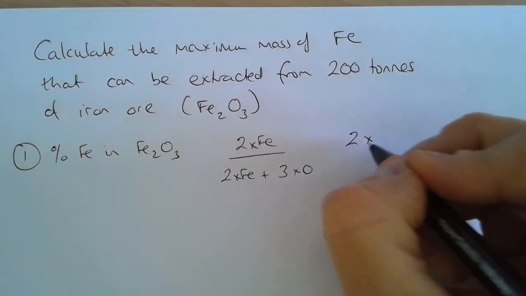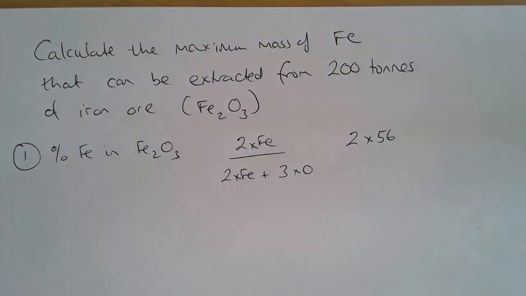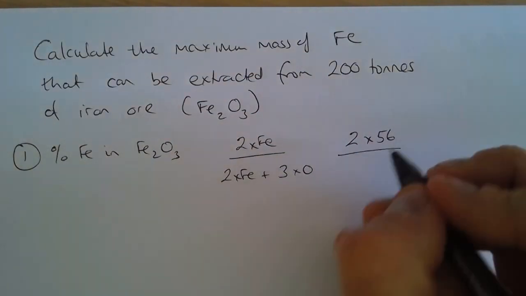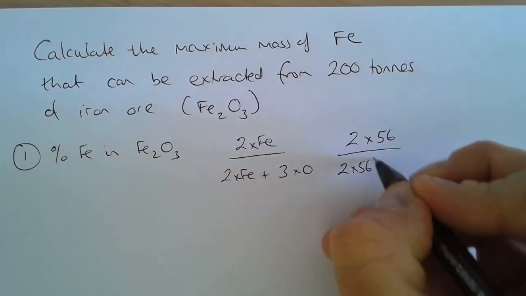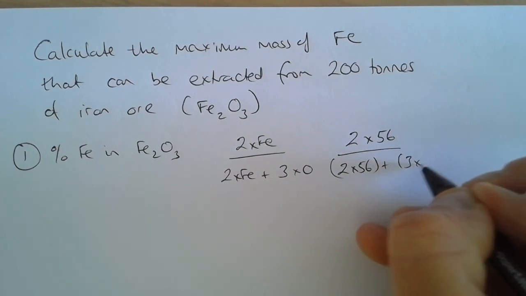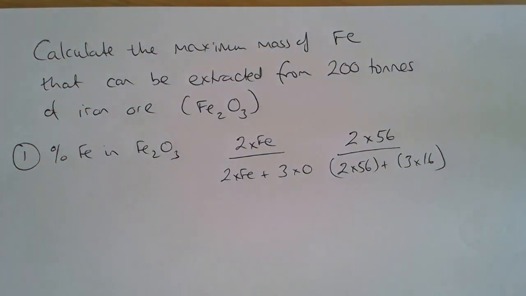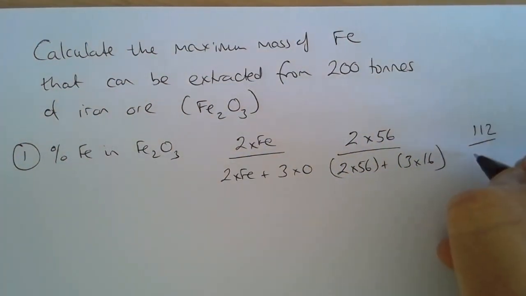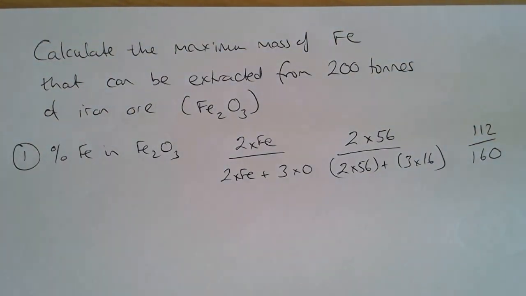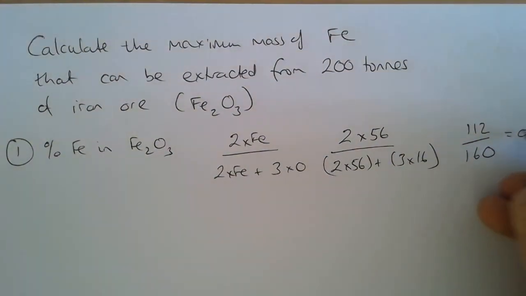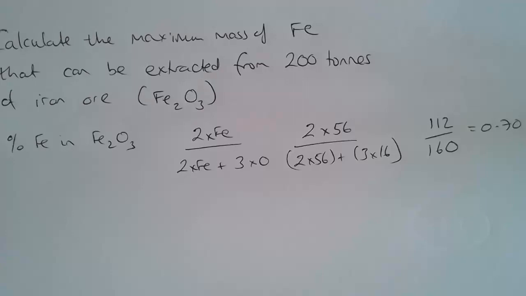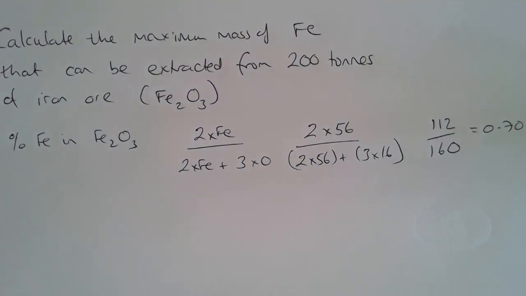Iron has a mass on the periodic table of 56. So 2 times 56 divided by 2 times 56 plus 3 times 16. That will give us 112 divided by 160, which as a decimal gives us 0.70. I'm not going to convert this into a percentage because I'd end up just reversing that in the next step.